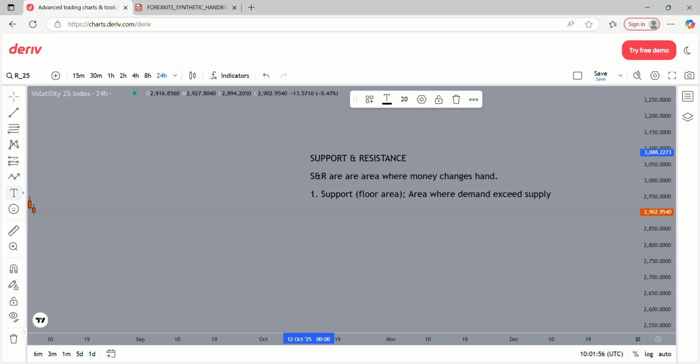There is a lot of buying activity, a lot of buyers in the market, but very few sellers. So in that type of situation, there will be a lot of buying in the market, right?